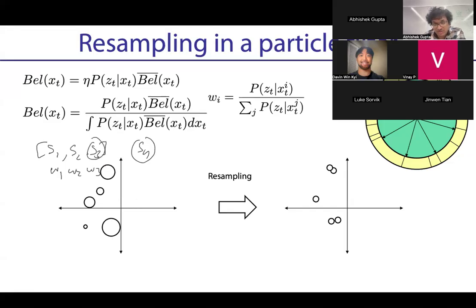Think of it as your motion model moves particles, so it can create new positions. Your measurement update reweights things, and your resampling just redistributes things, right? So your resampling is never going to create a new particle in a new position. It's just going to redistribute, if that makes sense.